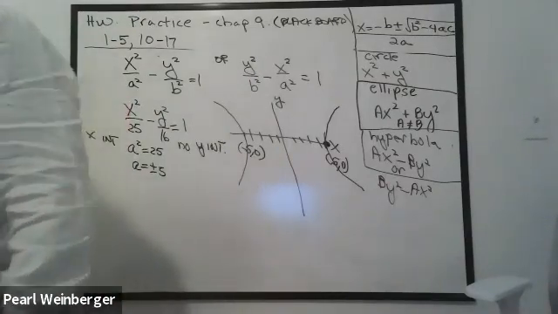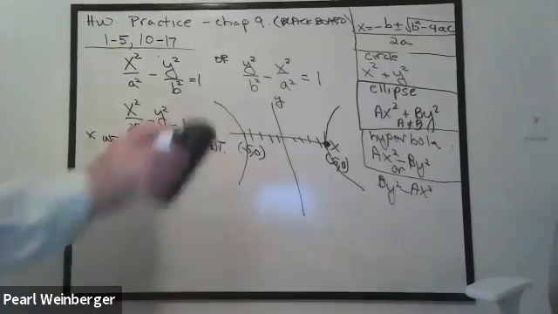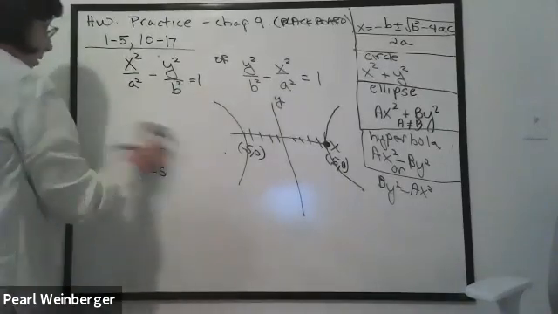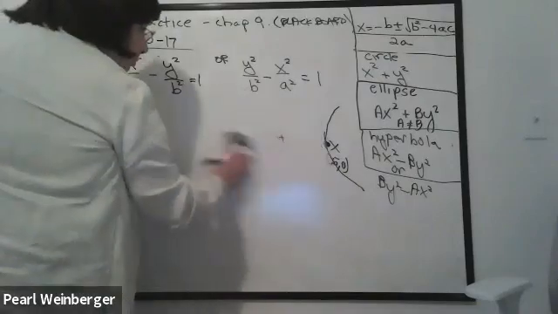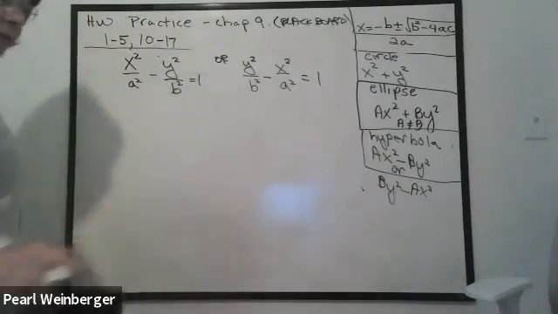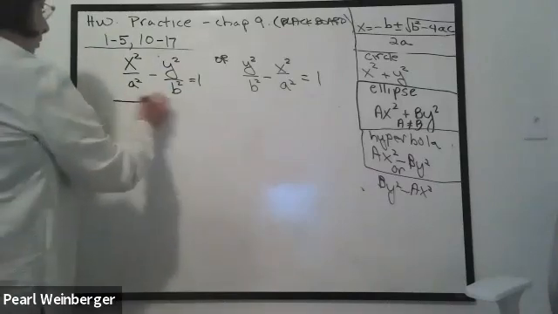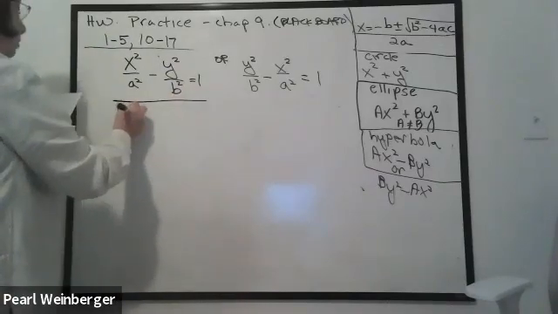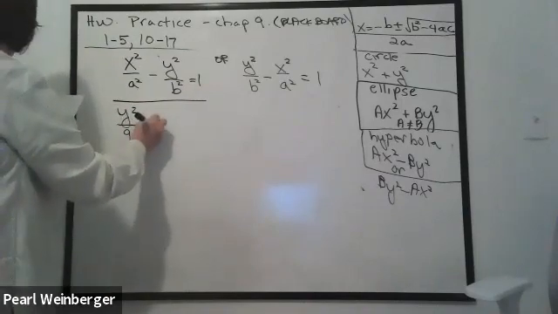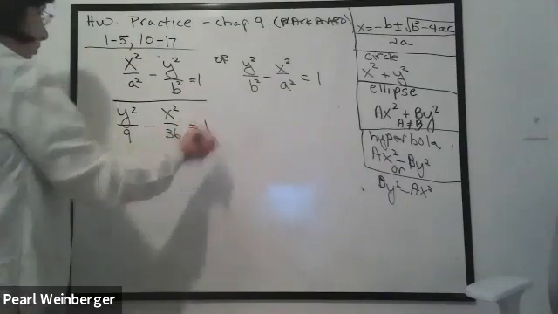Suppose I gave you this example. I'm going to have to erase this. I'm giving you this example, y squared over 9 minus x squared over 36 equals 1.